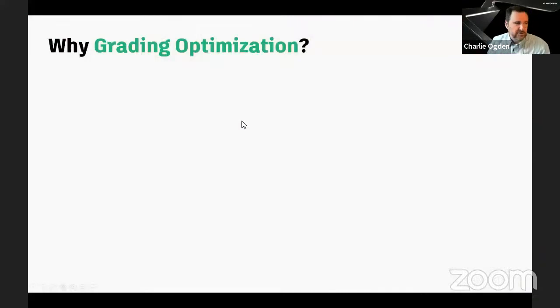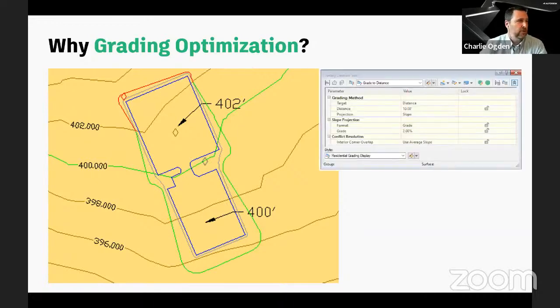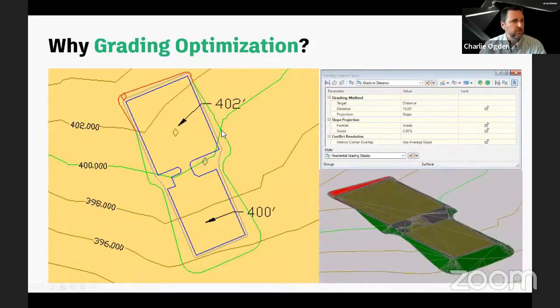So first, we want to just start with a little information on what grading optimization is for and when to use it. One case you might be used to in Civil 3D is grading something simple like a building pad. In this case, the blue line, there are 2 elevations that you want the pad at, and you want to grade out 10 feet away from that at a 2% slope, and then grade out and tie into existing ground.